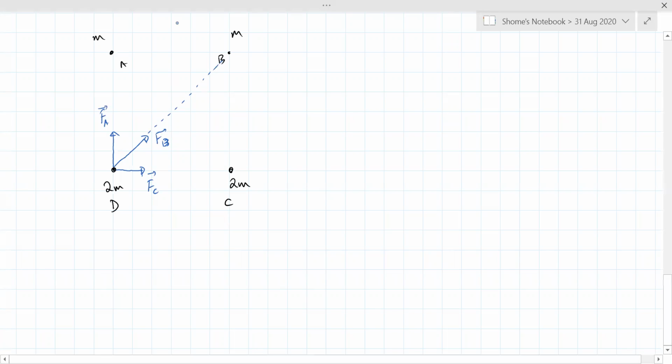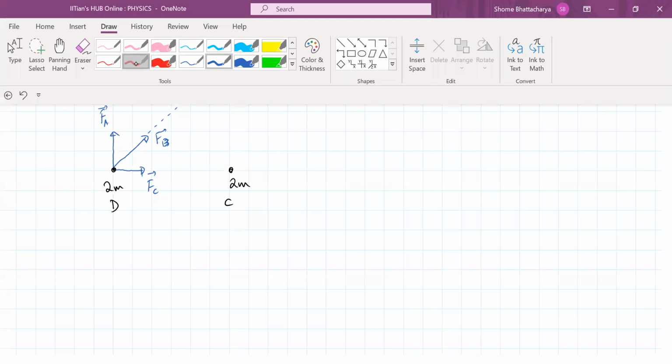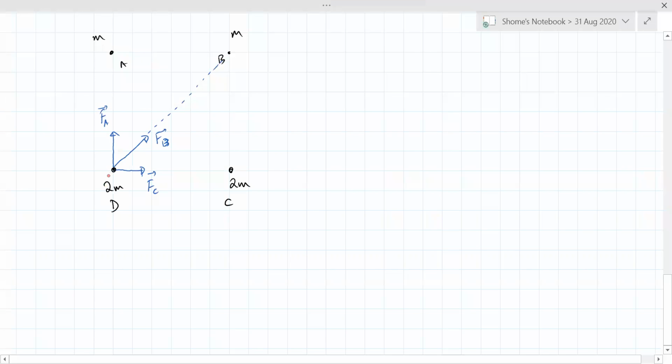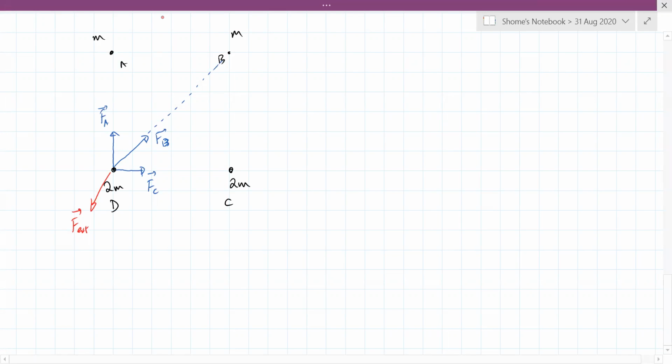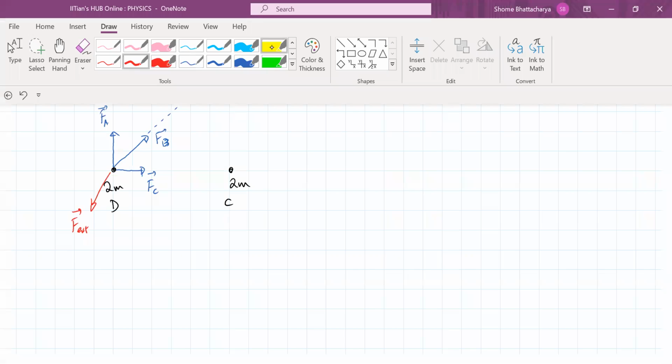So the external agent will have to apply a force in some general direction like this, so that the net force becomes zero. Okay. So the similar analysis when we do on this, it's nothing very difficult actually.